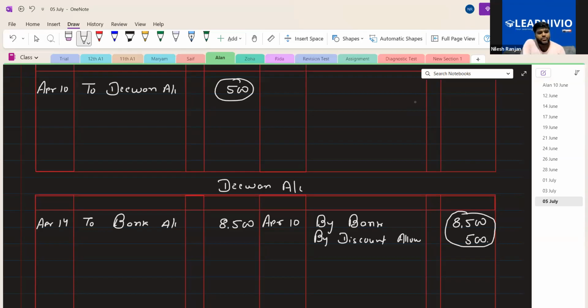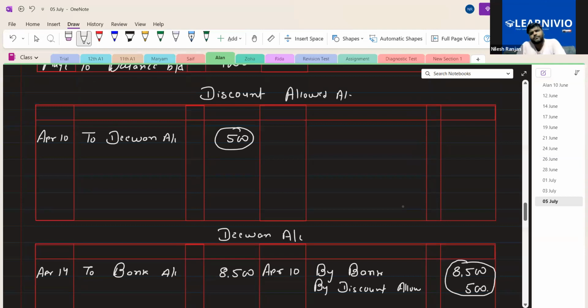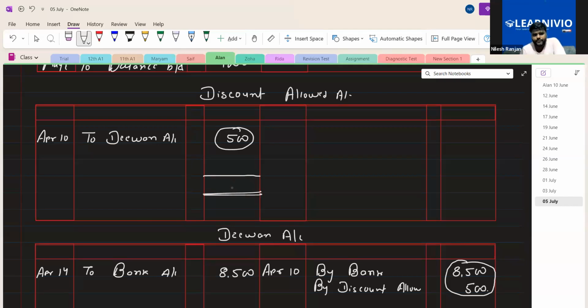My doubt is, for example, in the D1 account, the credit side is empty. While totaling, you write 500 on both sides. Since the credit side is empty and there's no transaction there, do you write that as brought down or carried down?